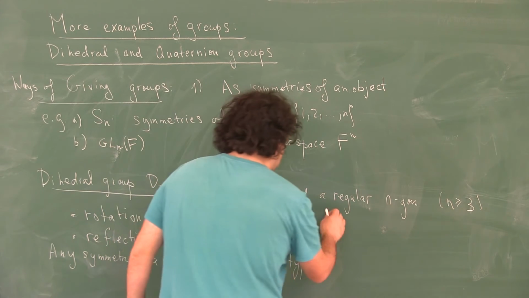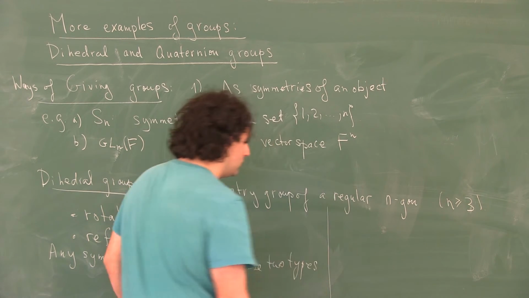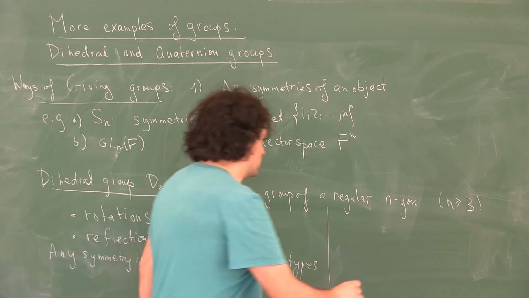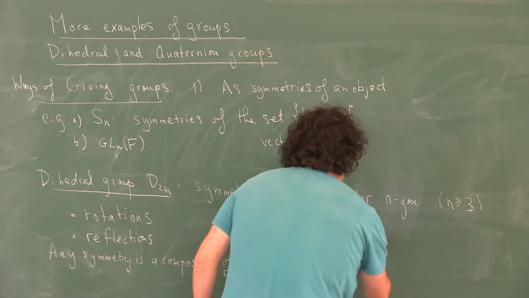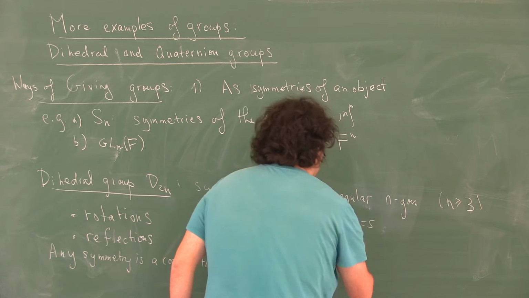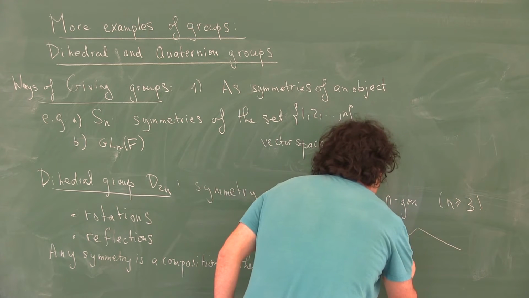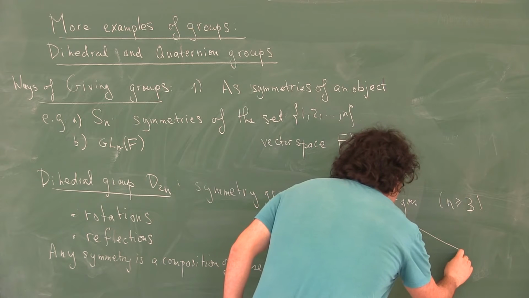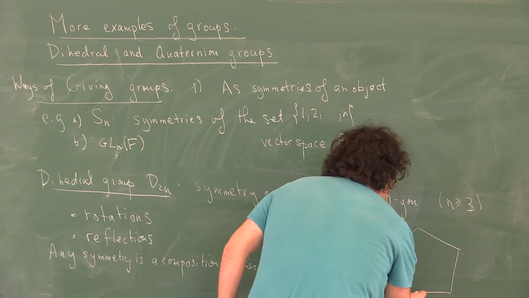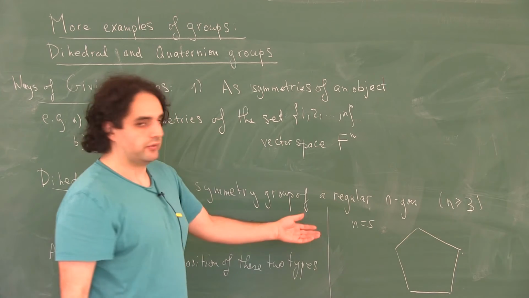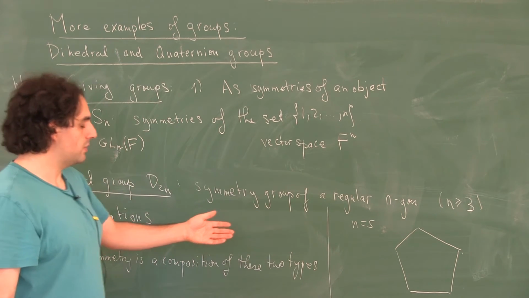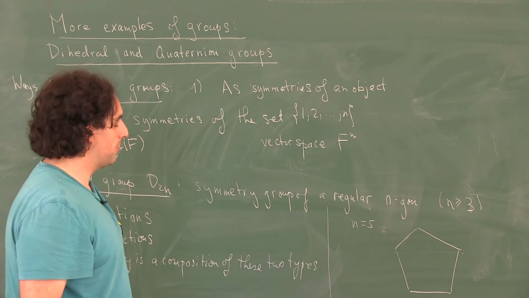So now I said that the cardinality of this dihedral group D2n is 2n. So let's think about that, and let's maybe do that by drawing an example. Let me try to draw the case n equals 5. Okay, so this is a pentagon that's not too far from looking regular.